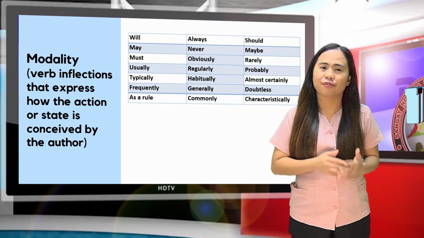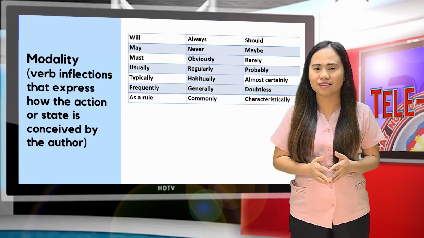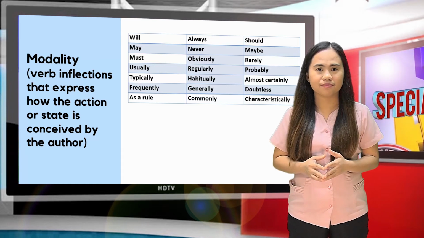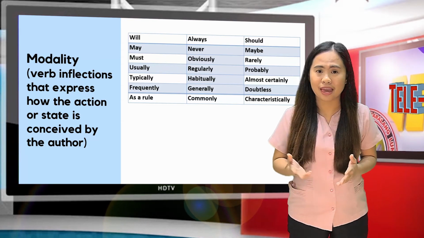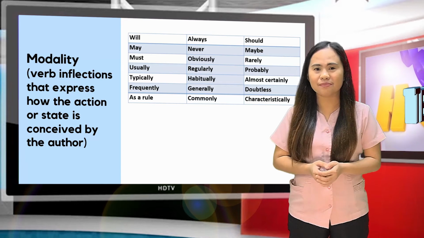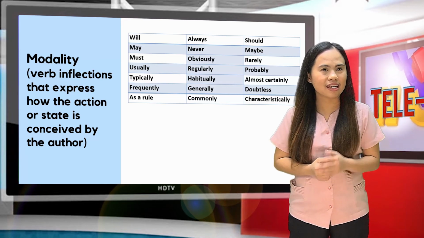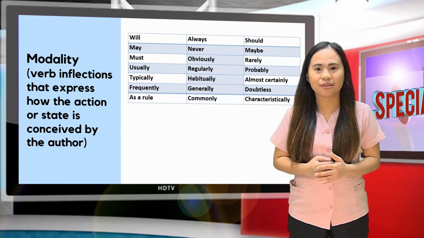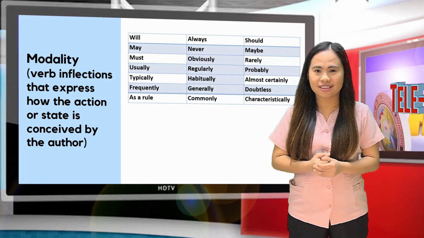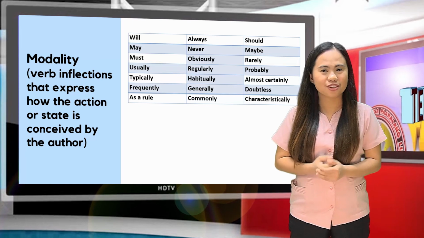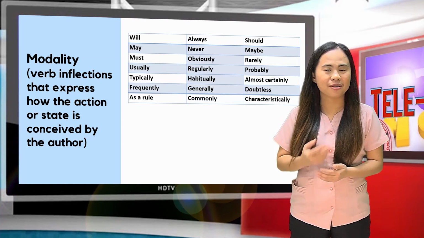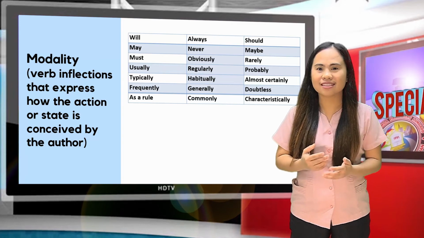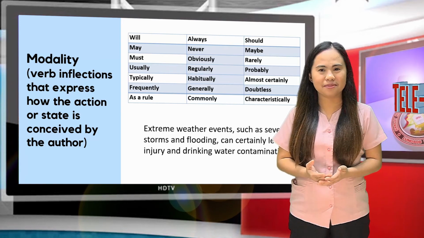These are also the verb inflections that express how the action or state is conceived by the author. We can use will, may, must, usually, typically, frequently, as a rule, always, never, obviously, regularly, habitually, generally, commonly, should, maybe, rarely, probably, almost certainly, doubtless, and characteristically.